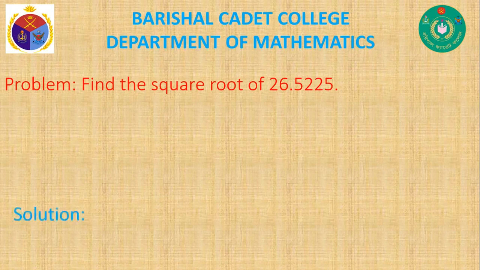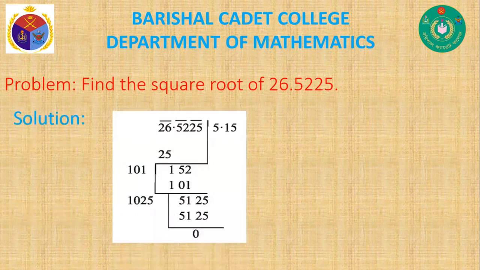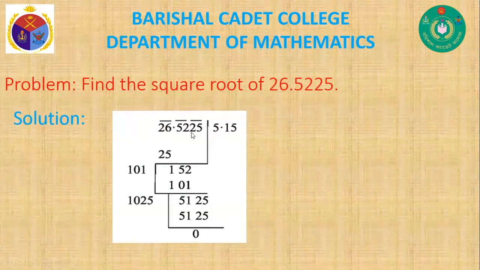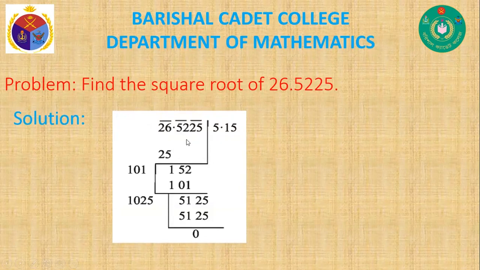Here is 26.5225, that is 26, these are the numbers before the decimal point, and 5225, these are the numbers after the decimal point. So by 2 and 6 I have made a pair, and also by 52 we have made another pair, and 25 we have also made another pair.